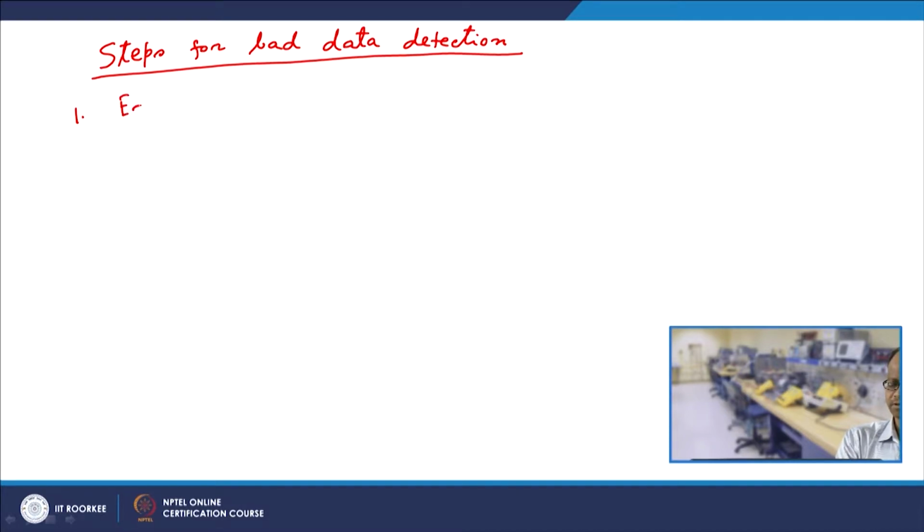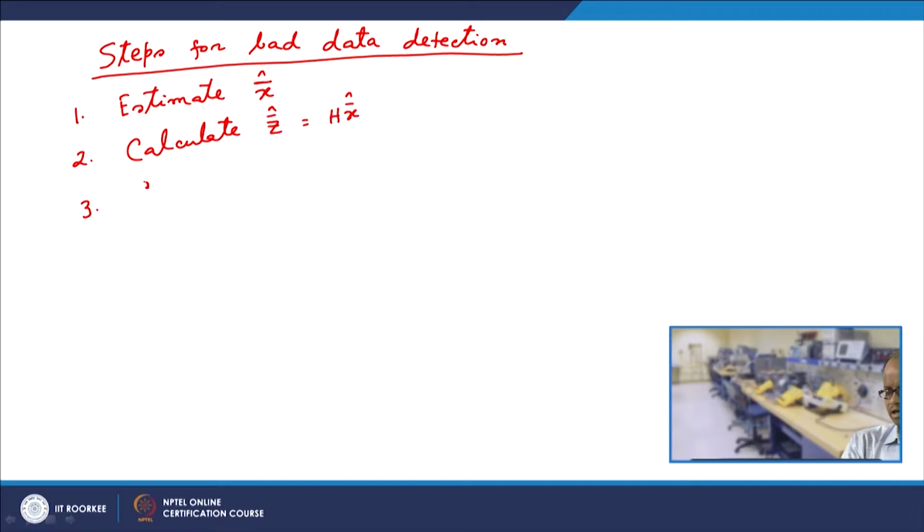Step one: estimate x hat, that is, we get the measurement and so on, and calculate x hat. From that we can calculate z hat, where z hat is h into x hat.